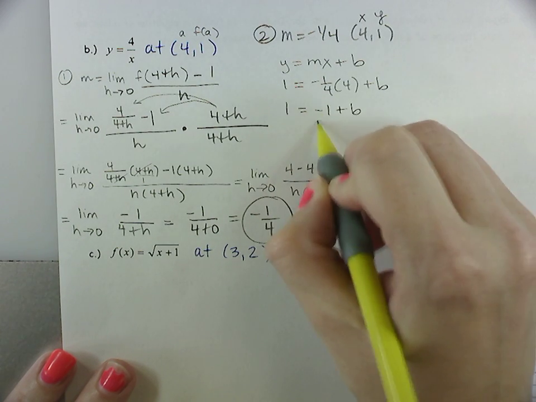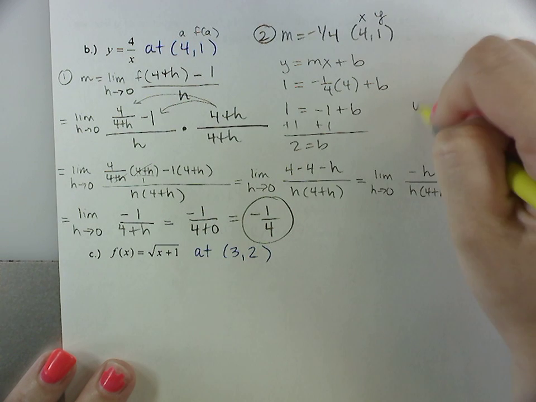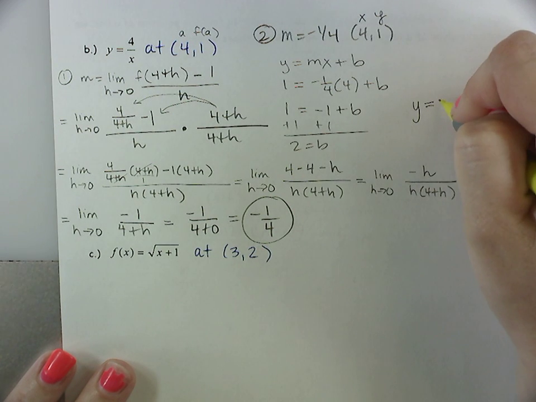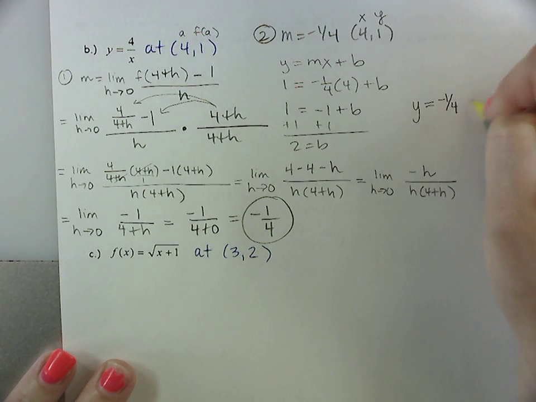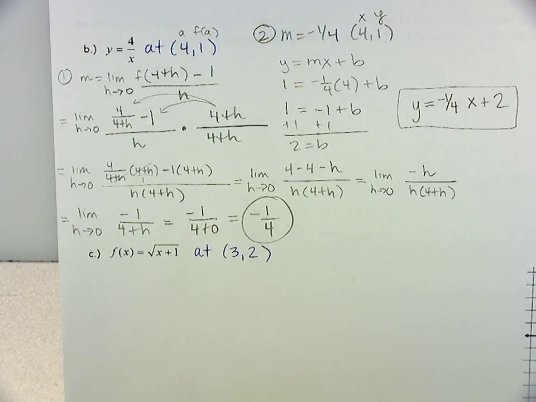You would solve this for b. What's negative 1/4 times 4? Negative 1. So then solve for b. B would be 2. So your equation would be y equals your slope, which is negative 1/4, x plus 2, which is now your b value or your y-intercept.